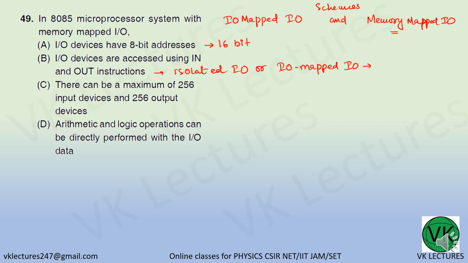There can be a maximum of 256 input devices and 256 output devices. This is also for isolated IO or IO mapped IO, not for memory mapping.